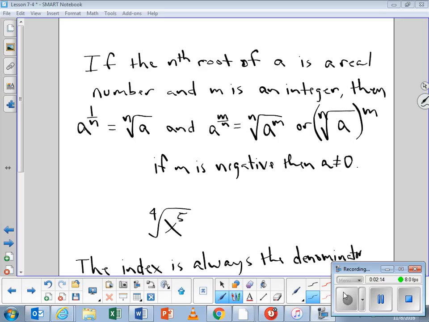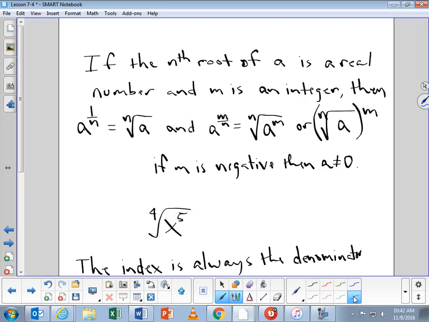What I want to make sure that you're catching on to here is, notice where this goes in the fraction, or in the rational exponent. What part of the fraction is that root, Jared? So the n is the root, right? The index. And so where does that go in my fraction?